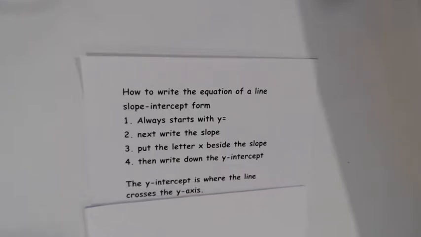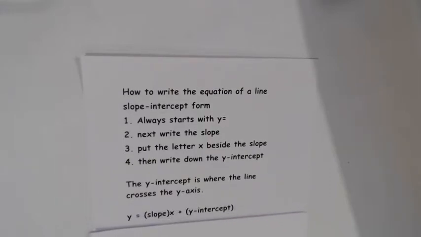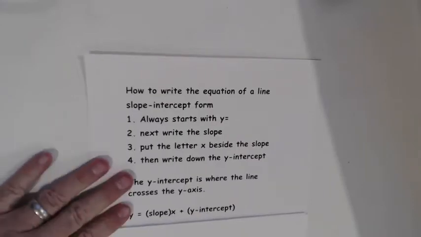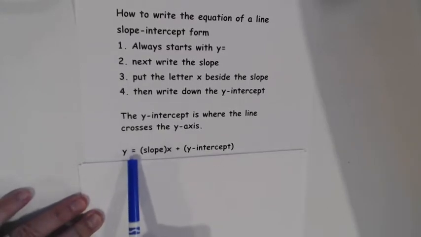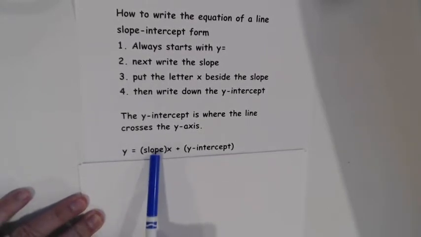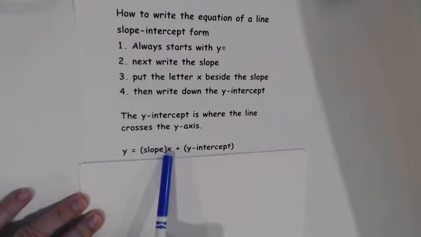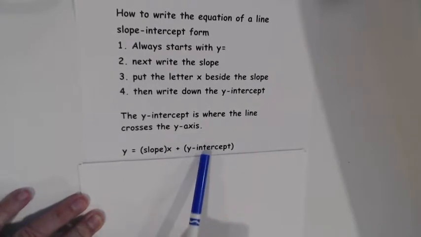It's always going to look like y is equal to the slope with an x beside it, and then the y-intercept on the end. The y-intercept is simply where that line crosses the y-axis. So every single equation that's written in slope-intercept form, y is equal to, you put whatever the slope is right here, and you write x beside it, and then there on the end you put the y-intercept.